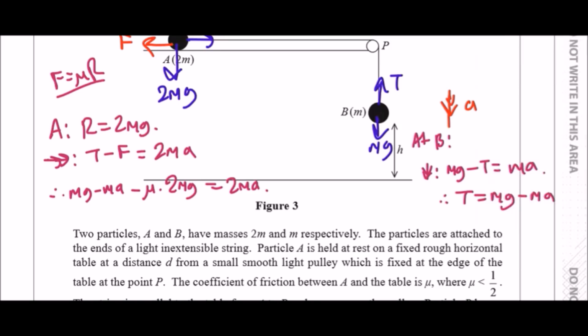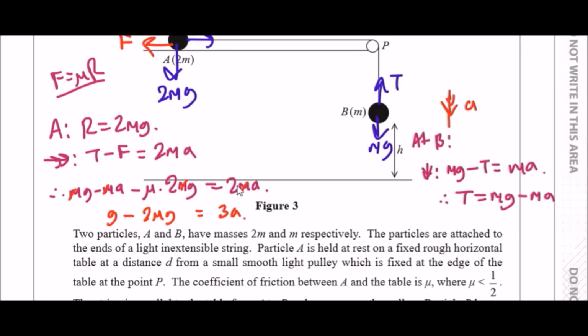And what can we do from here? I would personally collect like terms, and first I'll cancel the m's, because every single term has an m. Now adding a across and simplifying the rest, we should have g minus 2 mu g equals 3a. That's just some quick algebra.